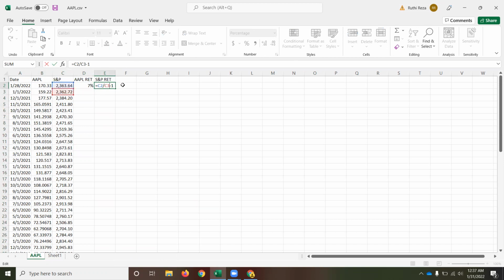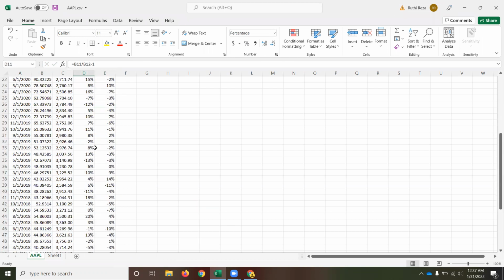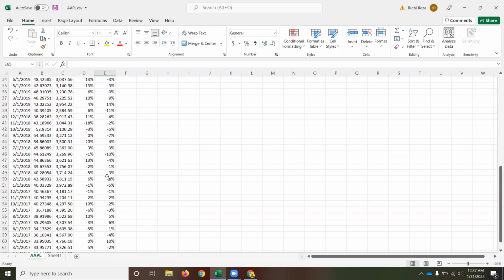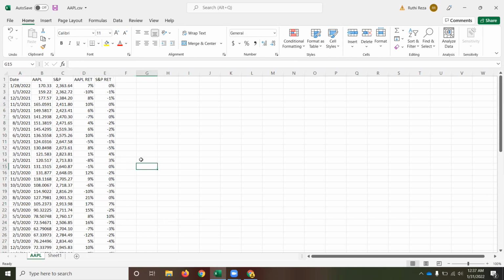New price information divided by old price information minus 1. And then we can copy this information for all the other months. And for the very last month, we cannot get any return information. Right. So now we have the return information for both AAPL and S&P.